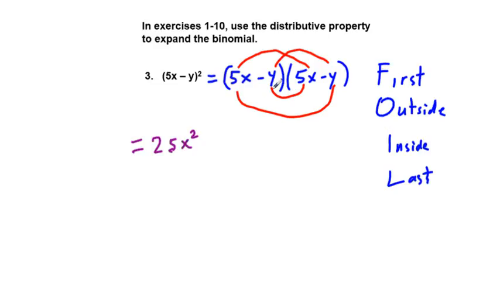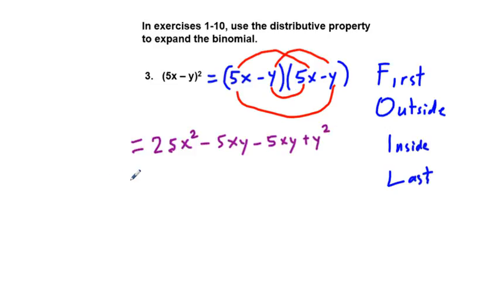Then outside is going to be negative y times 5x, so that's going to be negative 5xy. Inside is negative y times 5x, is going to be minus 5xy. And the last is going to be negative y times negative y is going to be plus y squared.